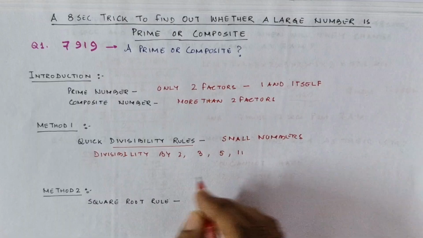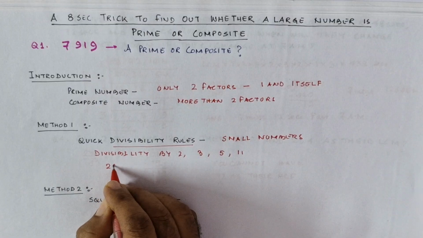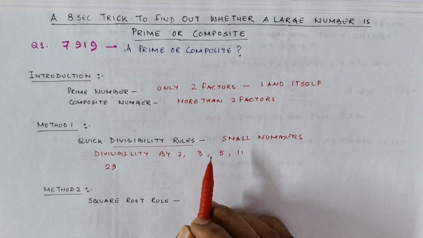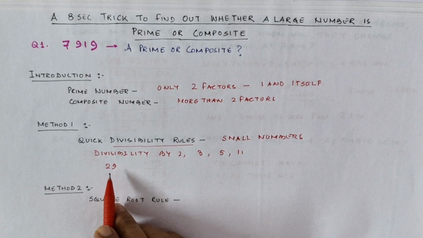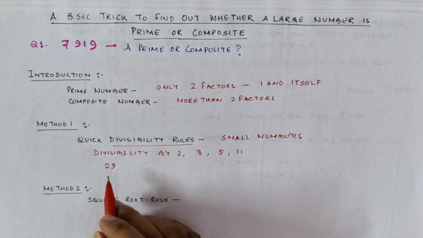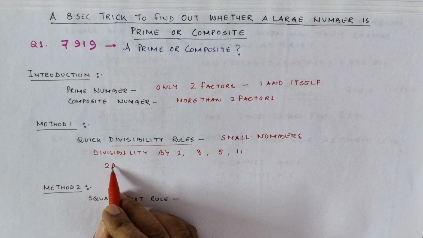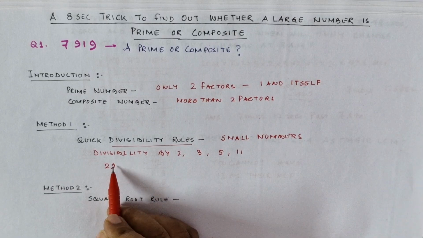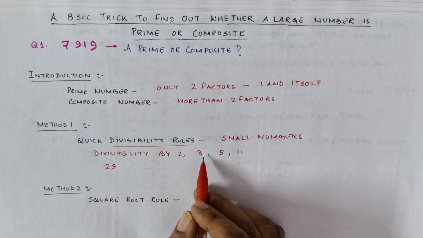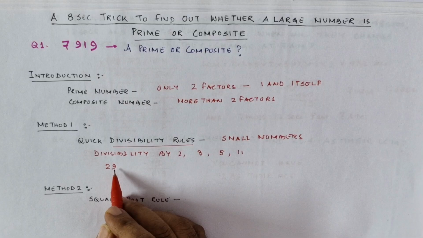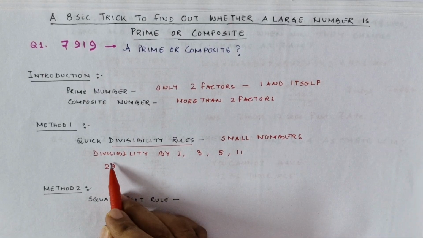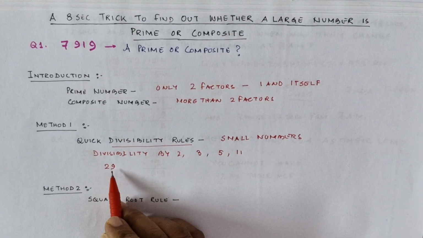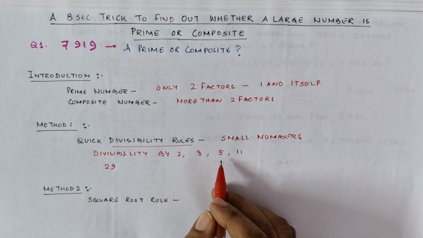So let's say you get a number like 29. You can easily check whether it is divisible by 2 or not. It is not divisible by 2. If you add the digits, 9 plus 2 is 11, and 11 is not divisible by 3, so the entire number is not divisible by 3. It is not divisible by 4 either. It doesn't end in 5 or 0, so it is not divisible by 5.